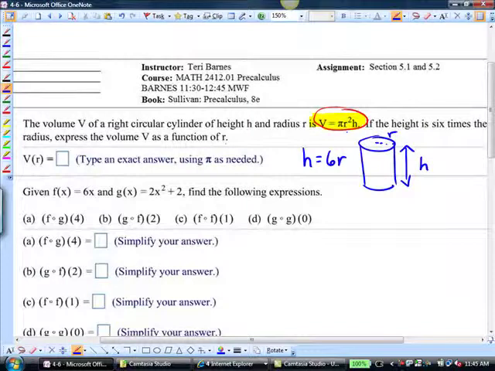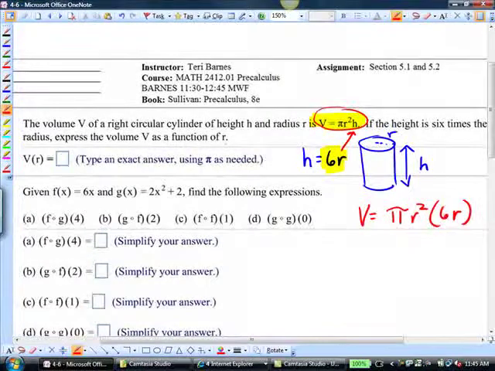So what are we going to do? Well, we're going to take this and plug that in for h. So ultimately, we're going to have V equals pi r squared times 6r. And we could probably go a little bit further and write it as what?